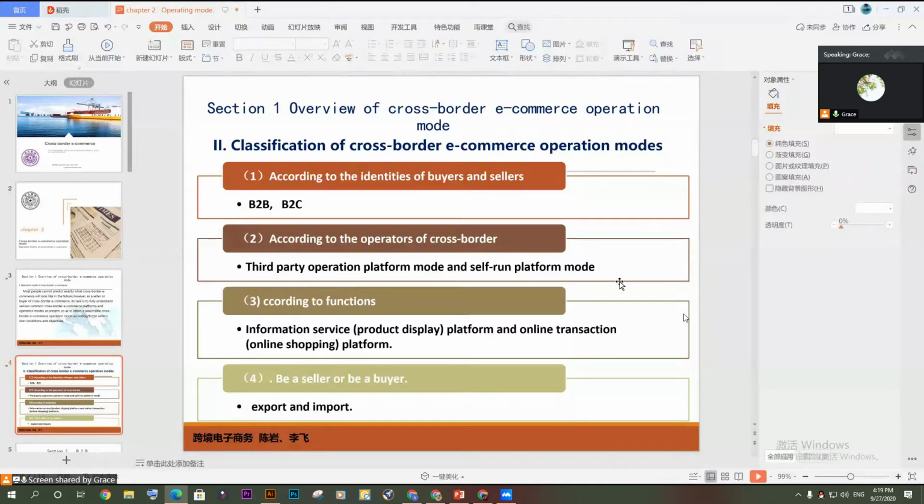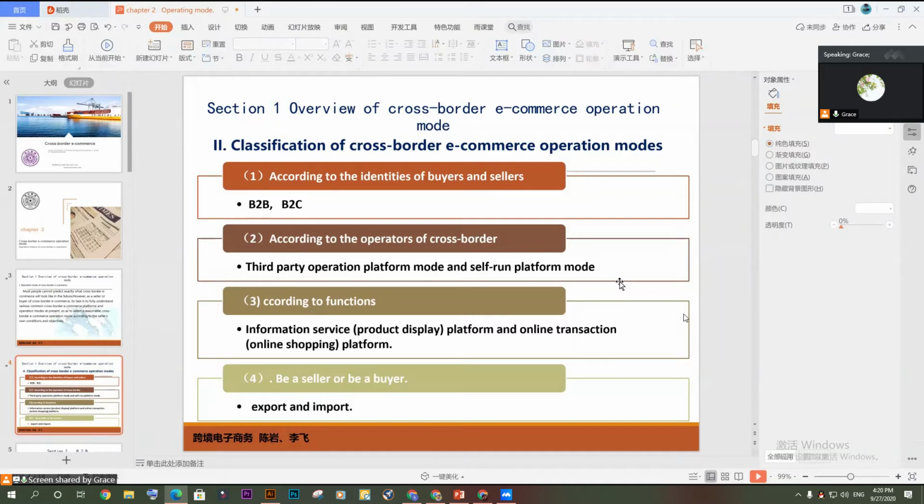But I will tell you, all these platforms we just said are third-party operation platforms. That means the operators don't build their own platforms. They just use some public platforms. So we call them third-party operation platforms. It is a public platform.